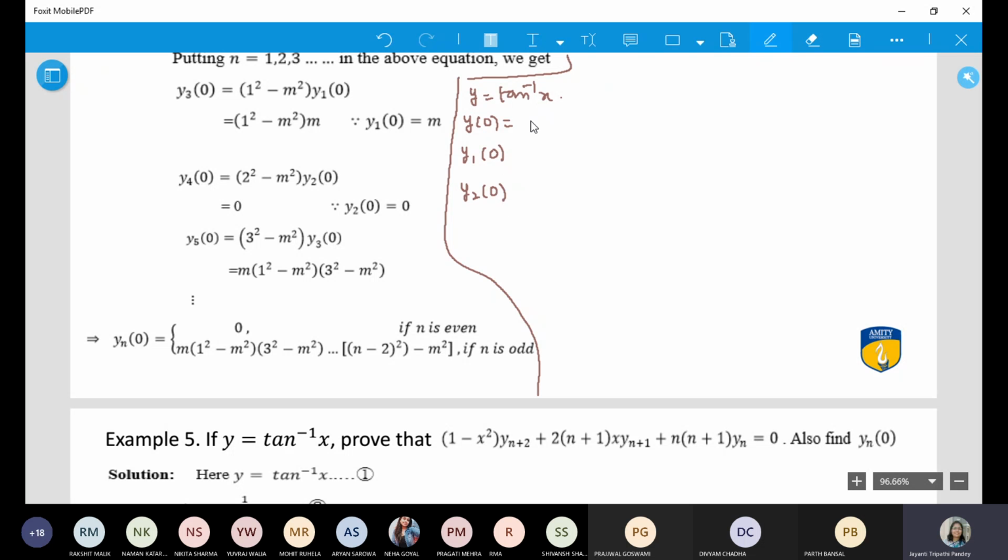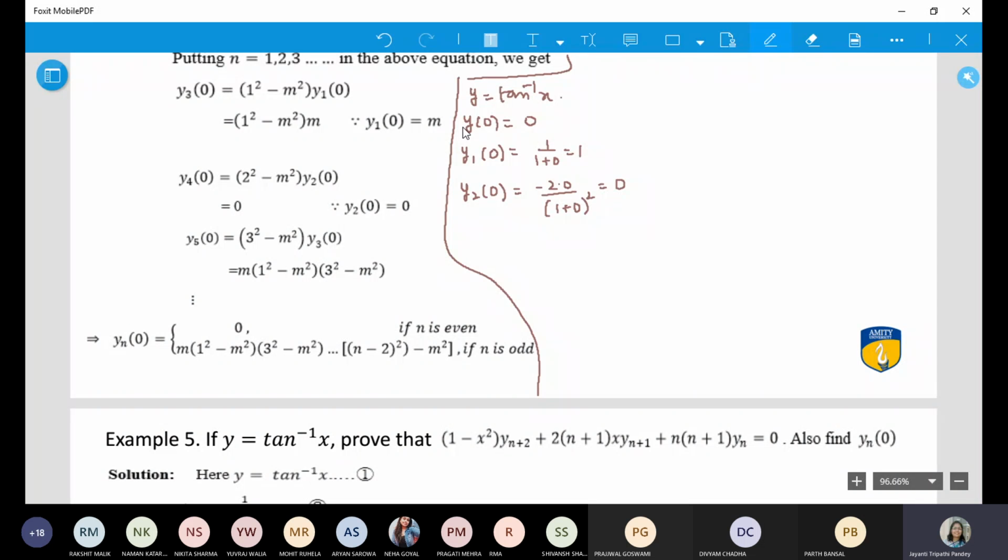So y0 is tan inverse 0 and that is 0. y10 is d by dx of tan inverse x, which is 1 upon 1 plus x square, so I can write it as 1 plus 0, that is 1. y20 is, you differentiate that again, so minus 2 into 0 upon 1 plus 0 square, and that is 0.